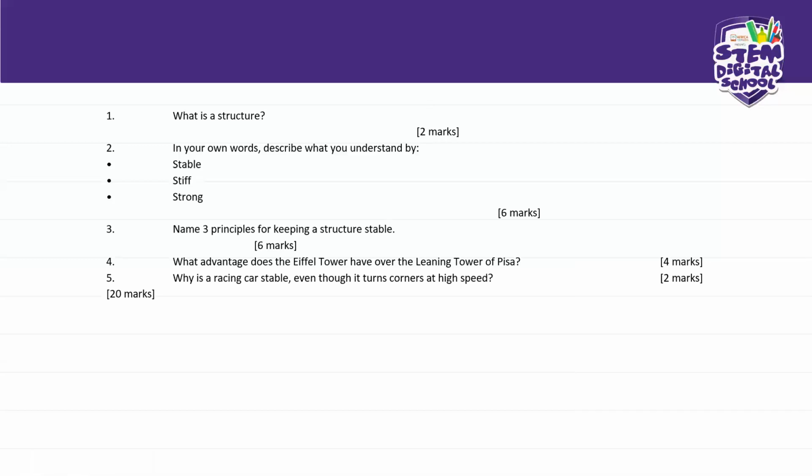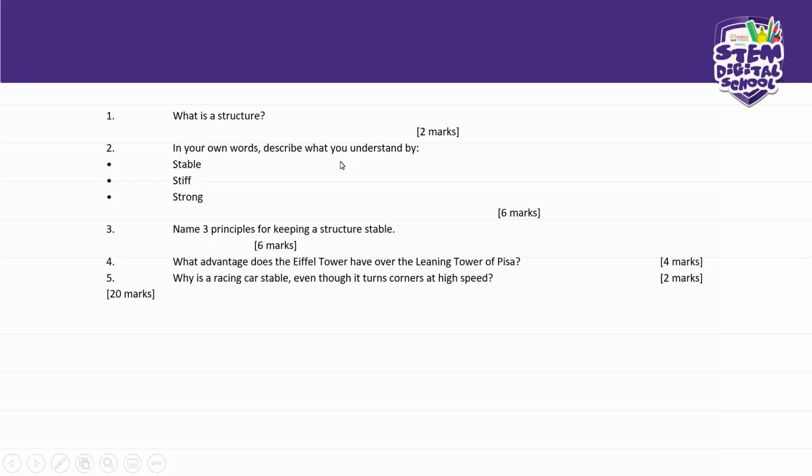Structure is an item built to support a load, to span a distance, okay? If you said to support a load, you're correct. To span a distance, you're correct. To contain or protect something. Those are the answers I can correct.